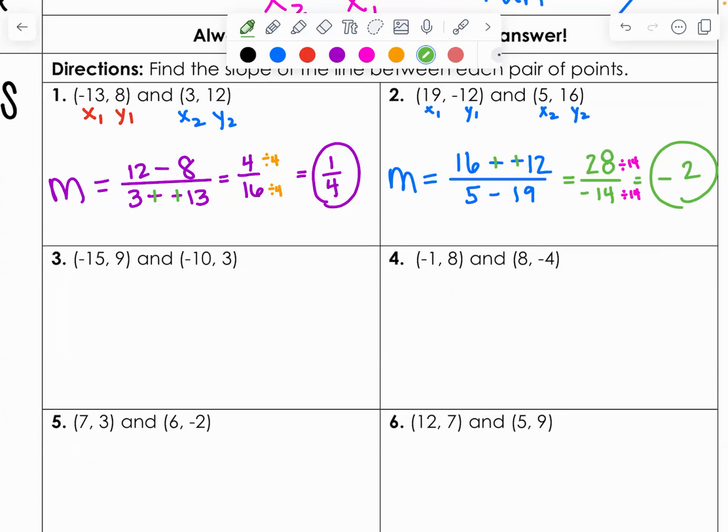You do number 3 and number 4. When you have an answer, check in with somebody at your table to see.